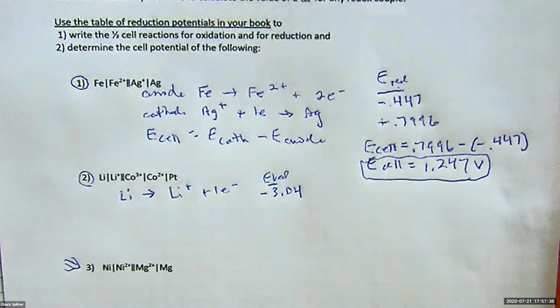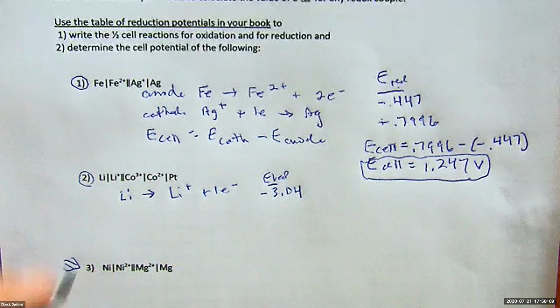Lithium is not a good oxidizing agent. Substances that have high reduction potentials are pulling electrons away, so they're strong oxidizing agents. At the top of the table are the strongest oxidizing agents, and at the bottom are the weakest. So lithium on this table out of the book is right at the bottom.